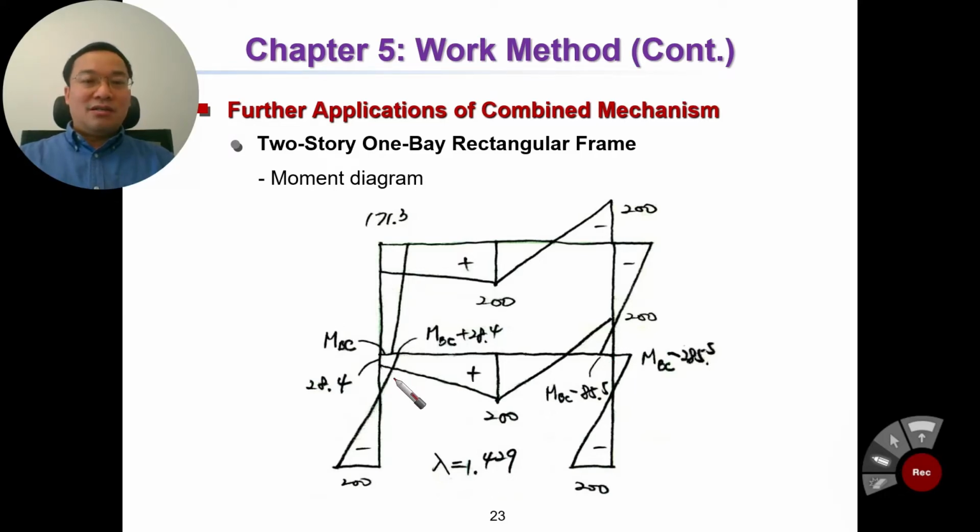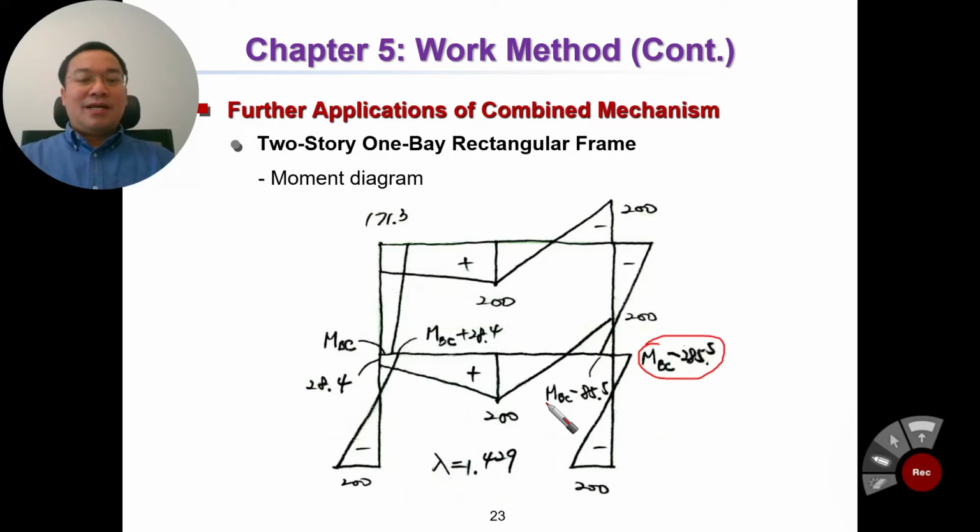It's not necessary, because as long as the moment check shows that the moment at every section is satisfied, meaning the moment at every section is smaller than MP, that is enough for plastic analysis.